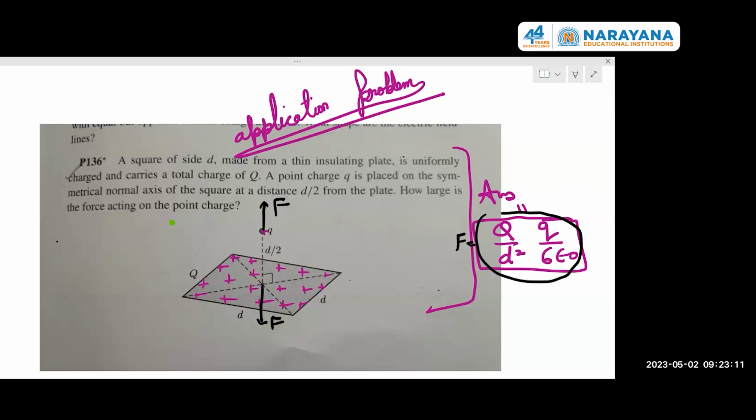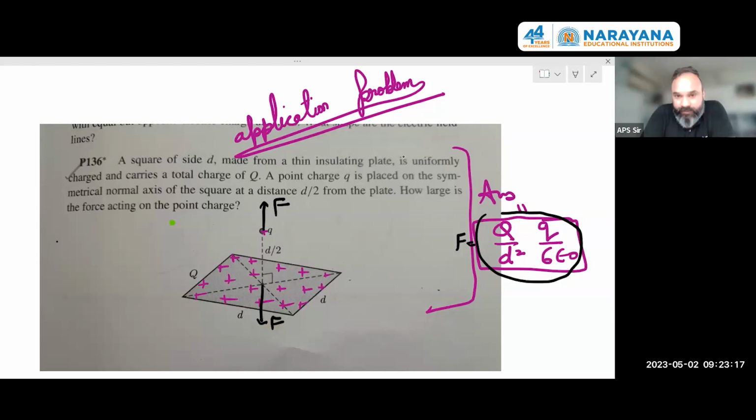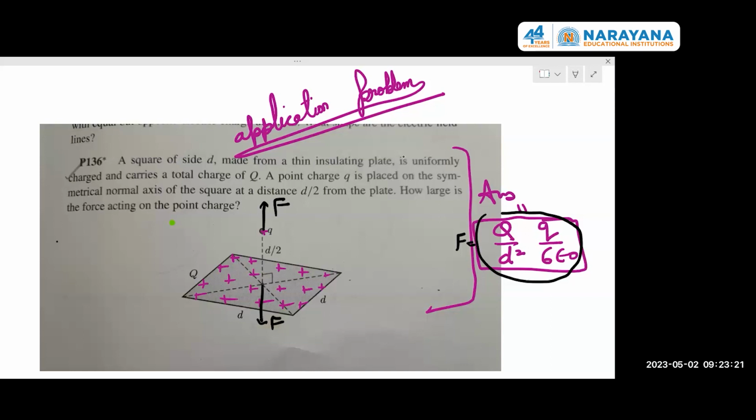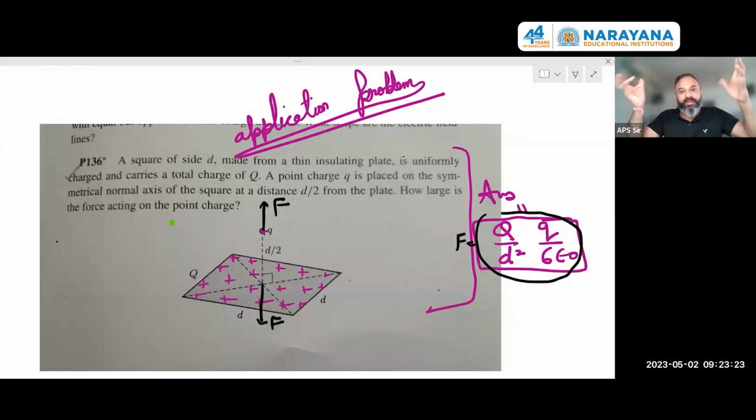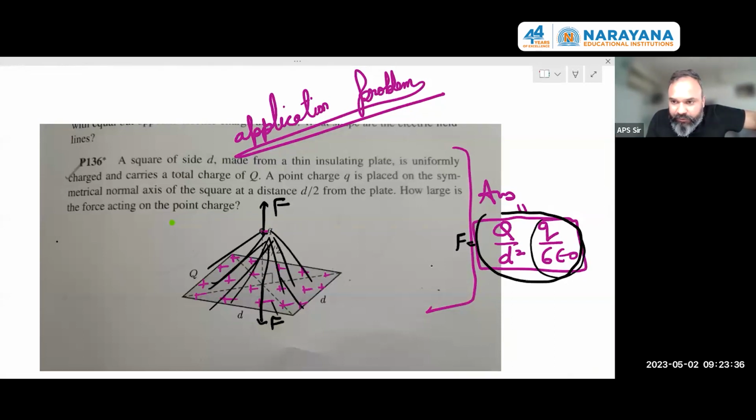Sir, he's basically covering it with a cube, then calculating on one side. Correct, that's what I have done. So I made a cube. Then I said the flux because of that point charge through one face is this much. Now I'm making a statement: the flux because of this charge, from the field line patterns, if you just multiply this flux with the sigma of this sheet, you will get the normal force.